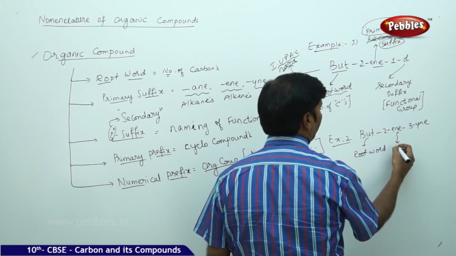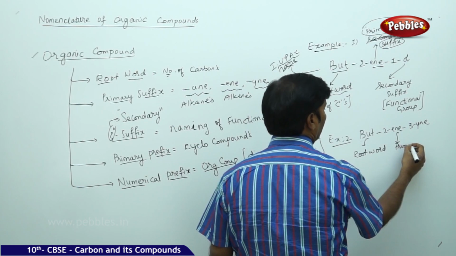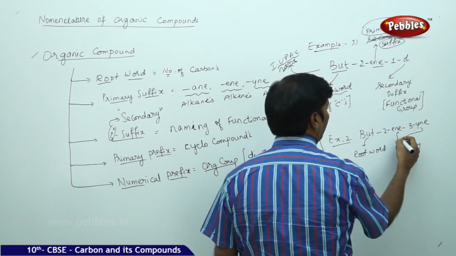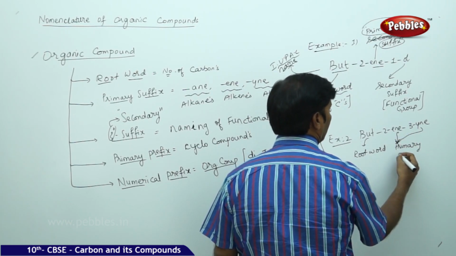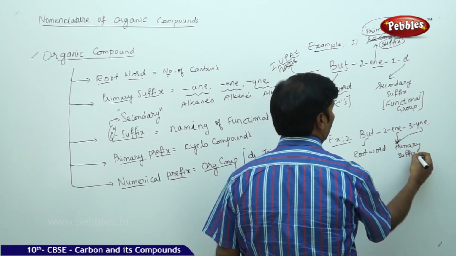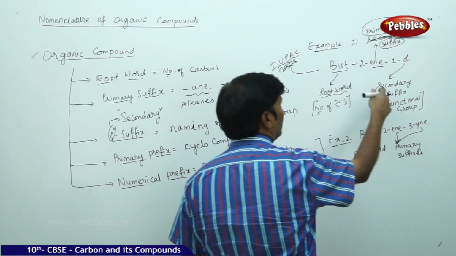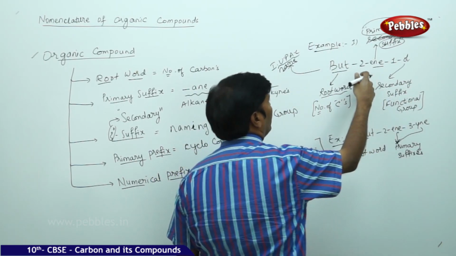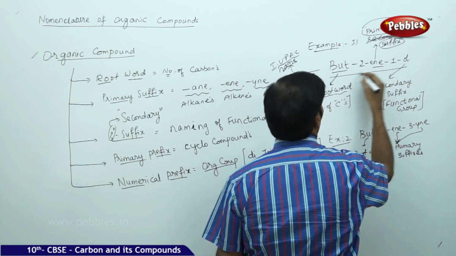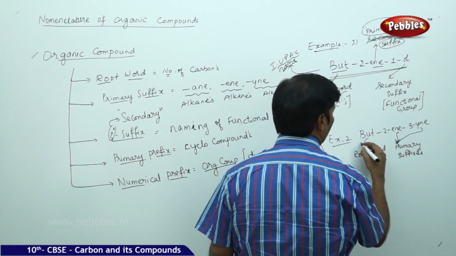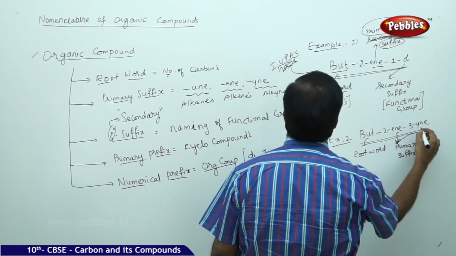En is the primary suffix. En and yne, both of them are primary suffixes. So suppose you want to write the structures for both of these, but-2-en-1-ol and but-2-en-3-yne.